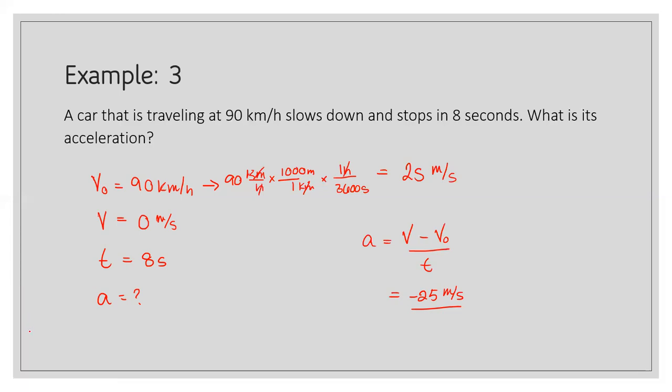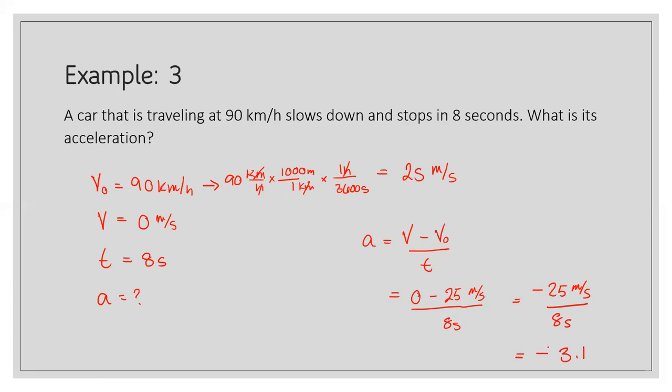Let me just write this out the long way, just because I'm not there for you to ask quick questions too. So 0 minus 25 meters per second divided by 8 seconds, which gives us negative 25 meters per second divided by 8 seconds, which gives us an acceleration of negative 3.1.